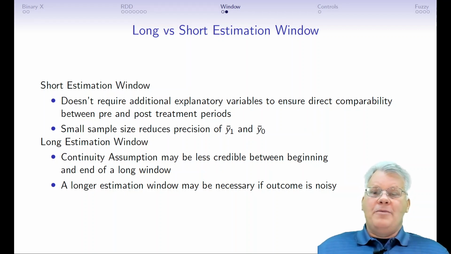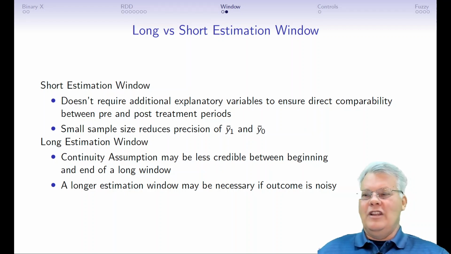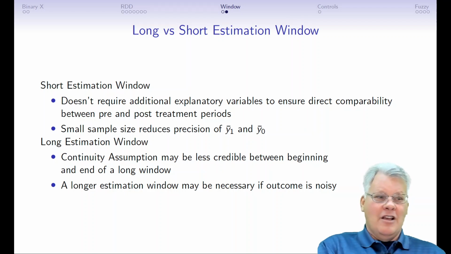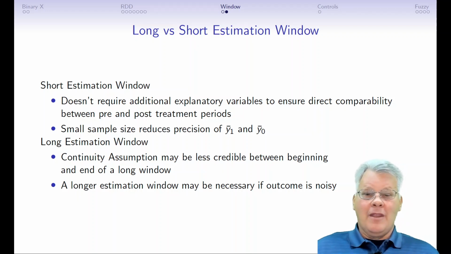So our other option is what we would call a long estimation window. So we include people maybe 6 months prior, so from 6 months until right before final exams. So did they turn 21 within the 6 months prior to final exams versus those who turn 21 within 6 months after the final exam.